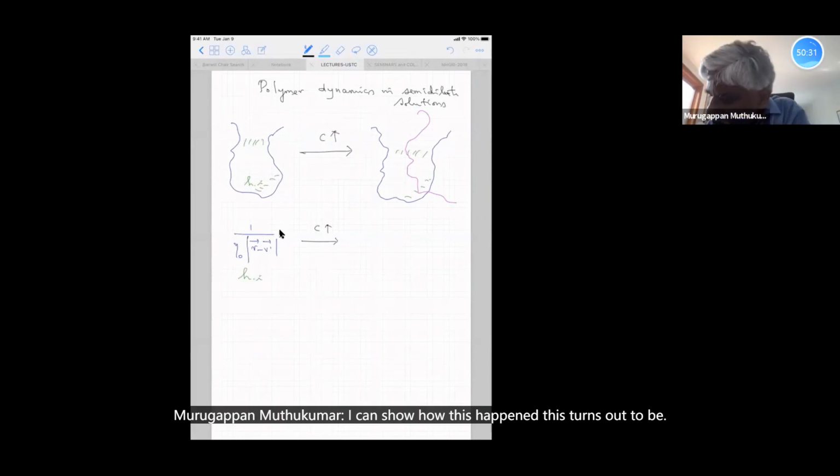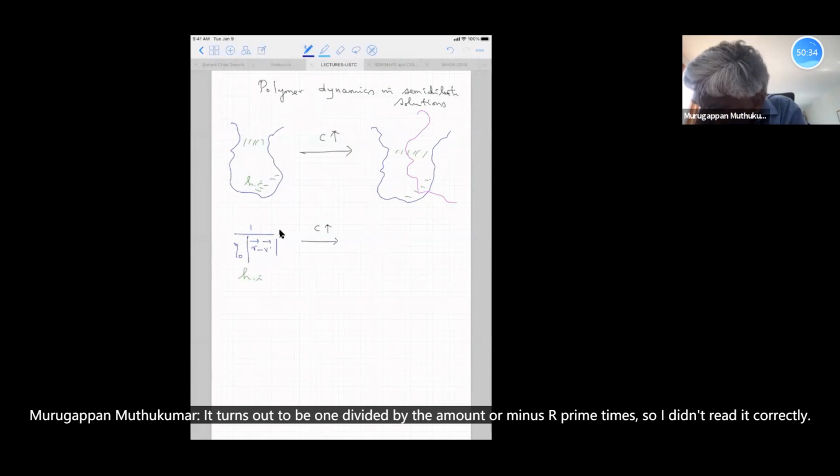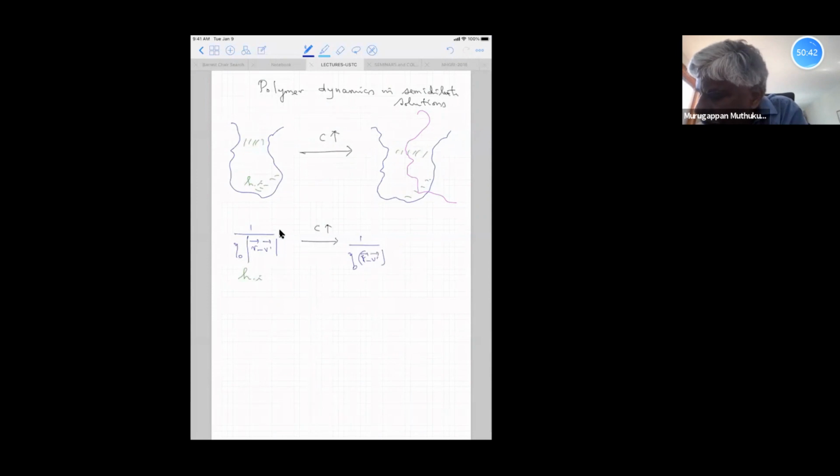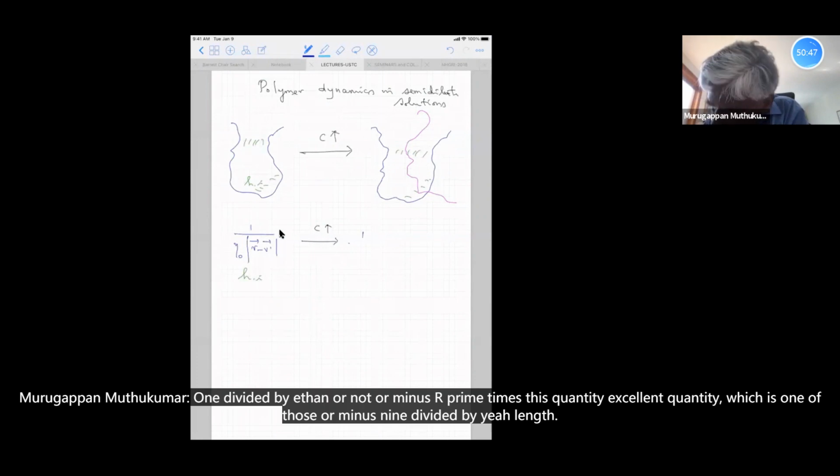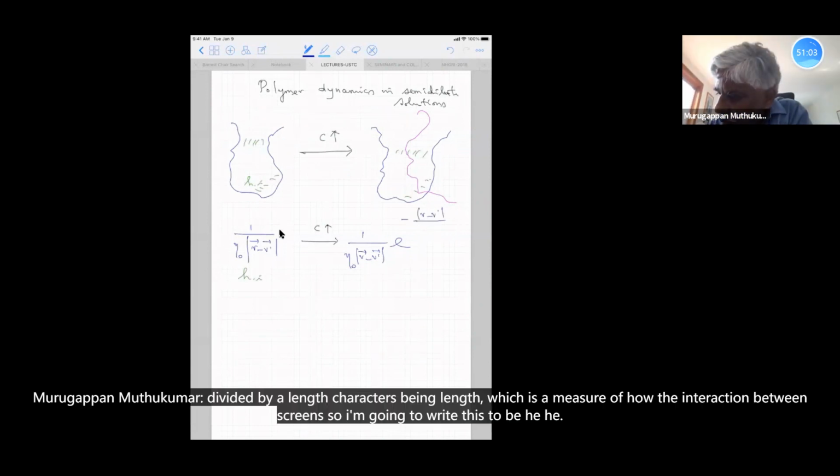It turns out to be 1 divided by eta naught times r minus r prime, times an exponentially damped quantity, exp of minus r minus r prime divided by a characteristic length, which is a measure of how the interaction gets screened.